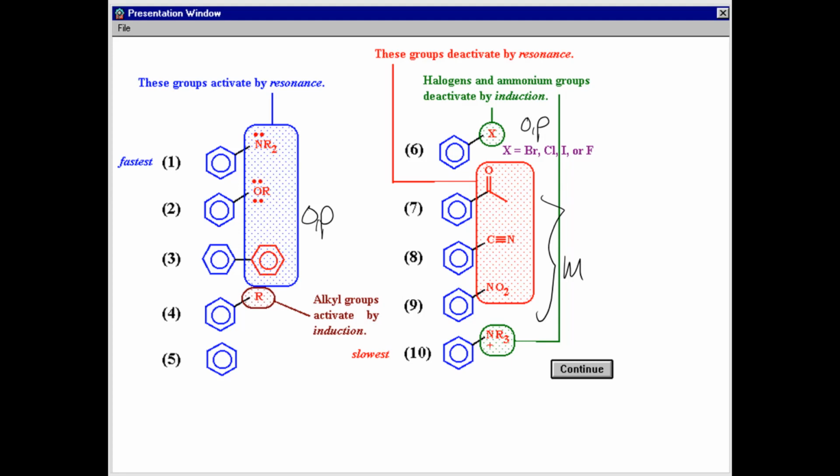Okay, so now we can do reactions with monosubstituted rings. So let's talk about that, and then we'll work our way into the disubstituted ring. Let's do a problem here. Let's say I've got a methyl group, and I'm going to add HNO3, H2SO4 to this molecule.